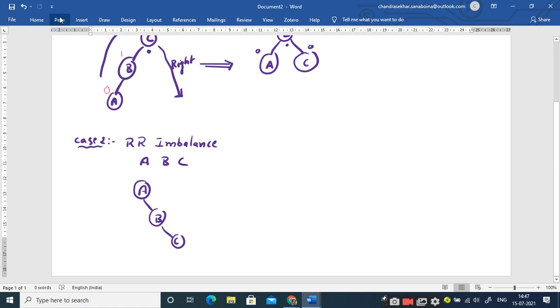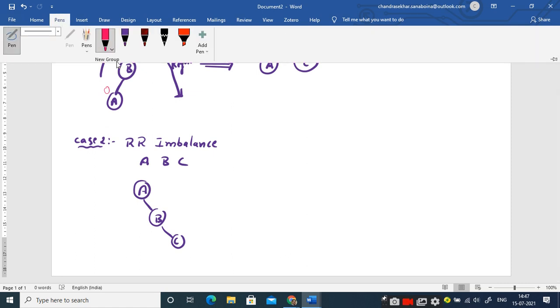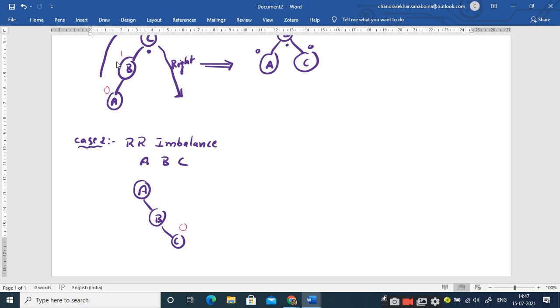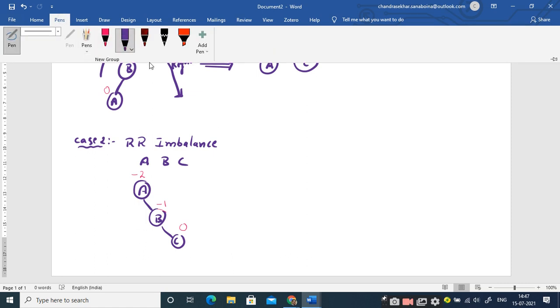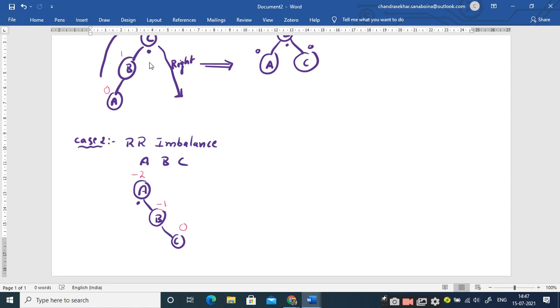And what are the balance factors I have here? C is having a balance factor of 0, B is having a balance factor of -1, and A is having a balance factor of -2, right? So what is that you have to do? You have to observe where the imbalance has happened. Here you can observe that at A the imbalance has happened, right? So assume that there is a holder here and you try to rotate this chain in the left side direction. So ultimately what I will get?